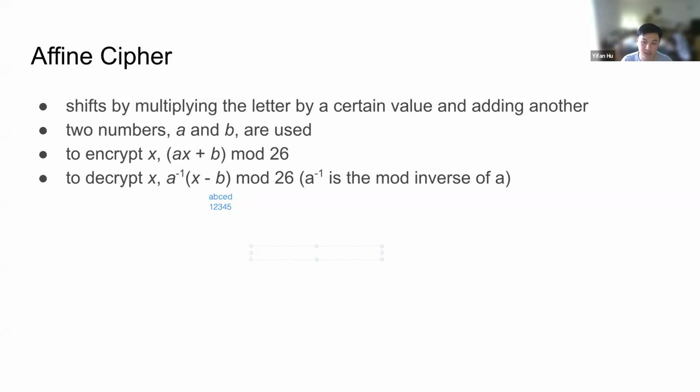So mod 26 means the answer has to be lower than 26. For example, if you have a 27, it will just go to 1. So you basically subtract as many 26s as you can from the answer.